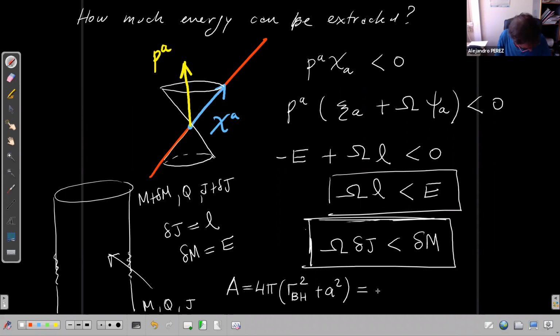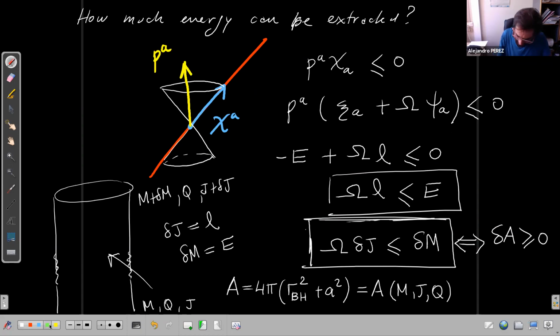Everything here is just a function of the mass, the angular momentum, and the charge of the black hole. It turns out that this inequality here is exactly the same thing as demanding simply that the change in the area is greater or equal than 0. So I should have put here everywhere the equality. The equality is also possible, and I'm sorry, I forgot.